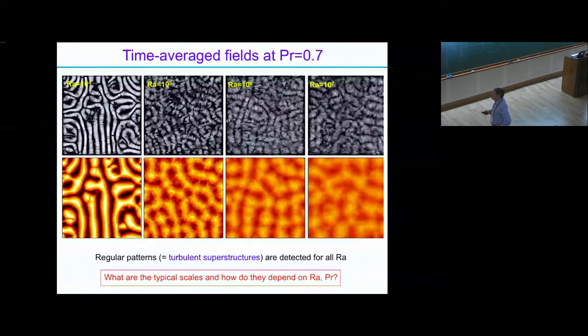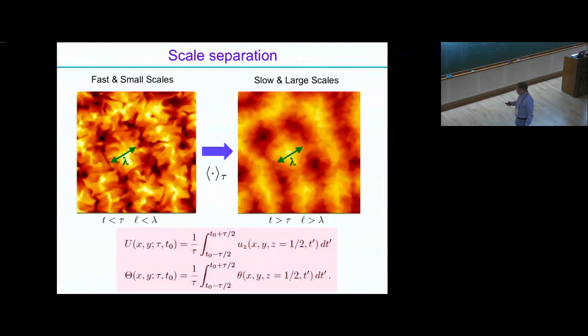So what are the typical scales with respect to time and space, and how do they depend on Rayleigh and Prandtl? Before I get into this, I'm just saying a few words about the scale separation. That's basically what we are trying to do. We are trying to get rid of the small scale features in the convective turbulence, which you see in the left figure.